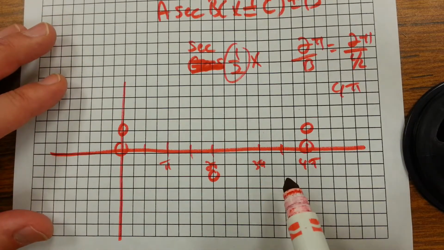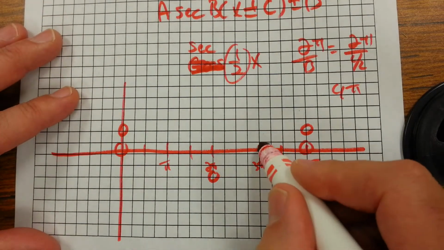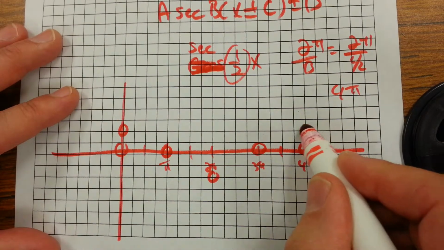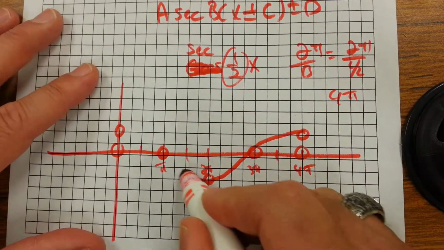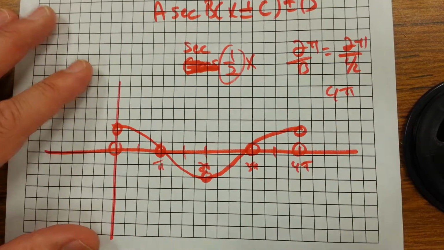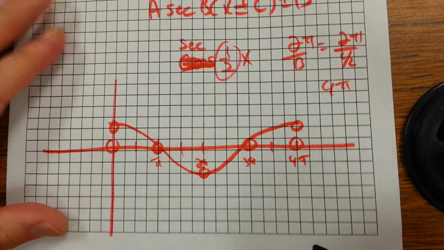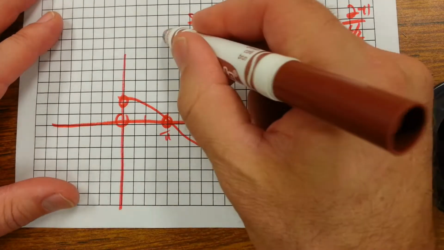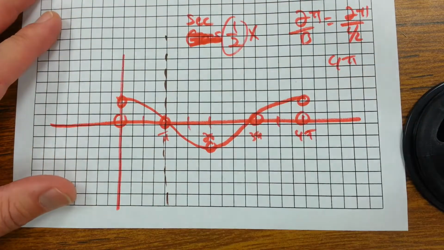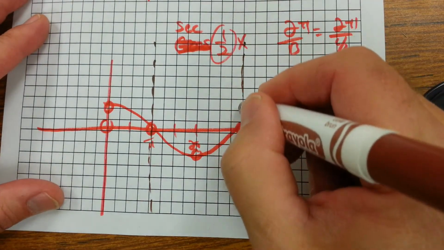In the middle of each half for the cosine is my 0, so at pi and 3 pi. So here's my new graph for cosine with a period of 4 pi. For secant, my asymptotes again are where cosine is 0.